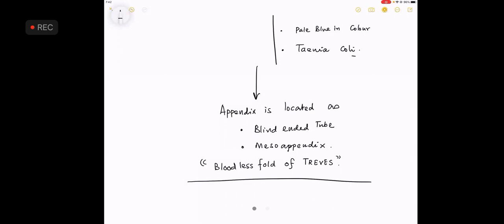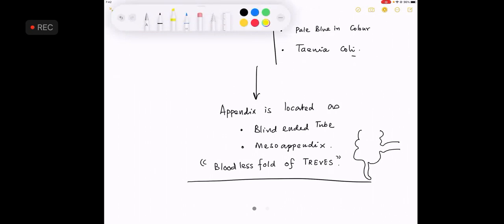Okay. If you have not known, the bloodless fold of Treves is technically a fold that extends from the ileocecal junction to the appendix. This is the avascular peritoneal fold.